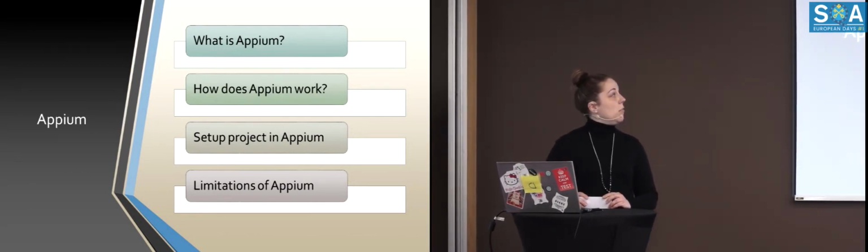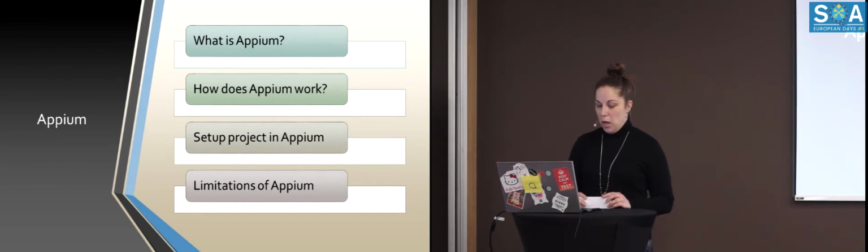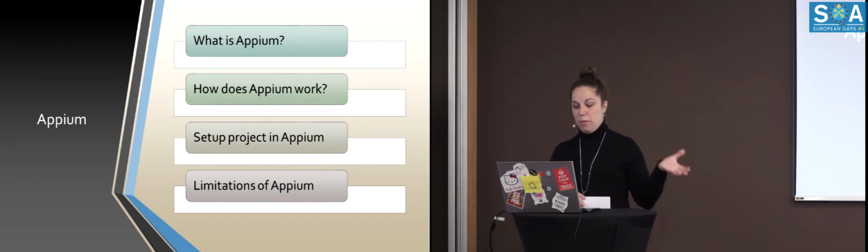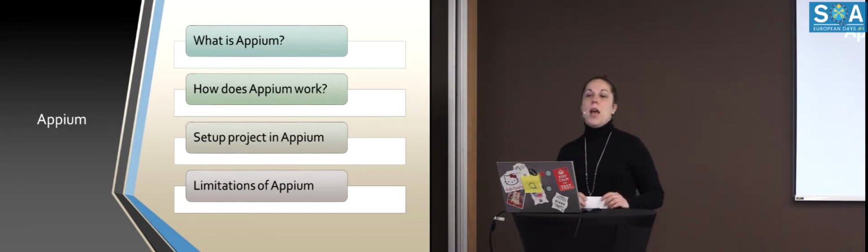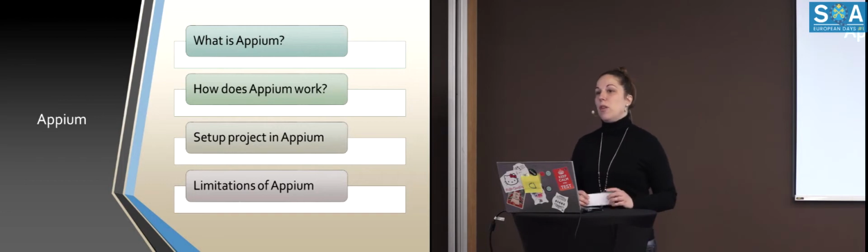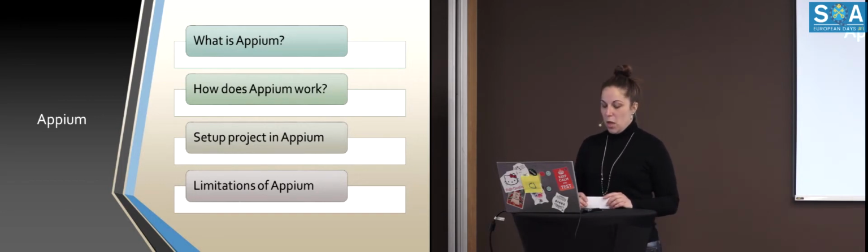How does Appium work? We have one machine on which we are running WebDriver scripts, and that machine is communicating with the Appium server through HTTP and JSON, and then Appium receives or sends commands to devices or emulators, of course.